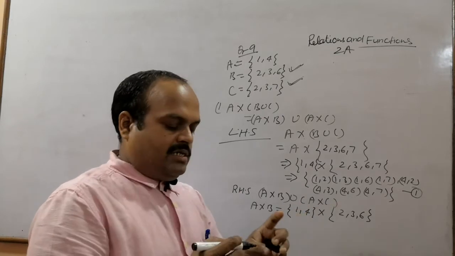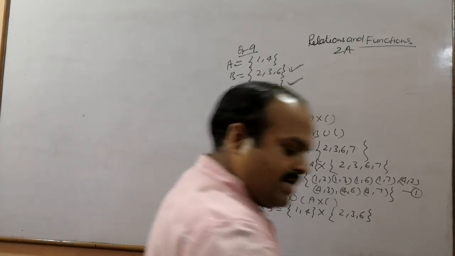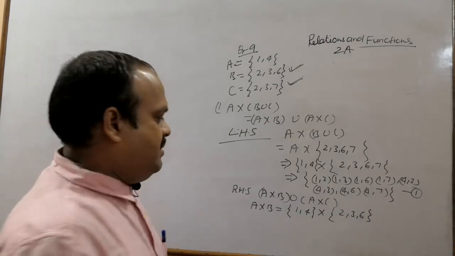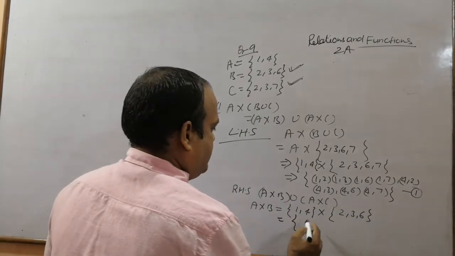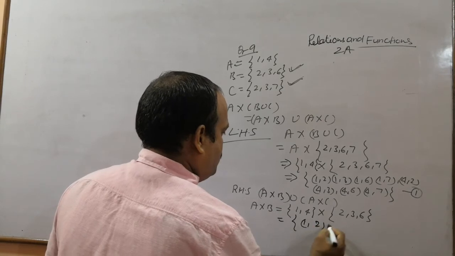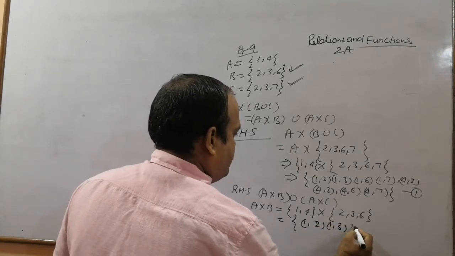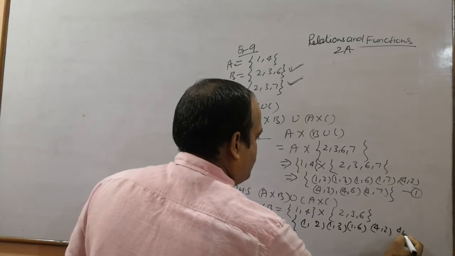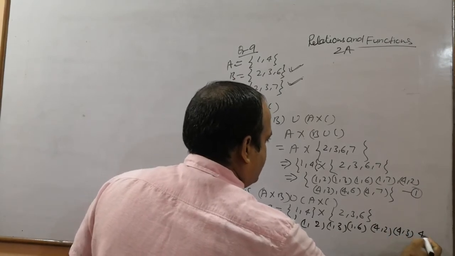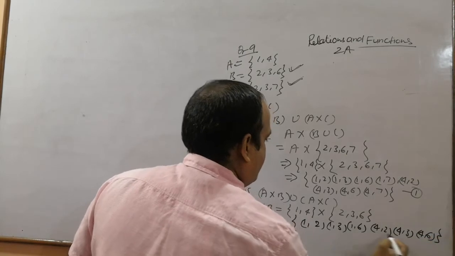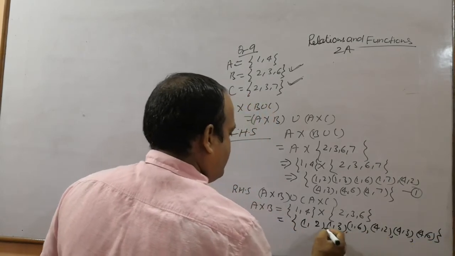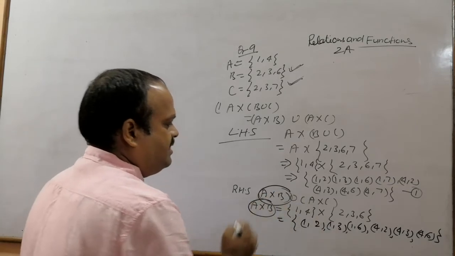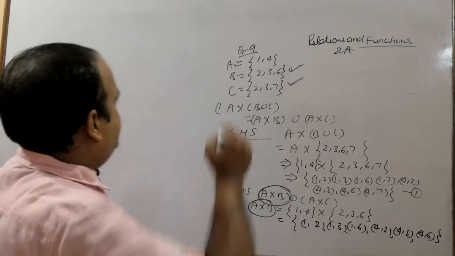When we want to get the Cartesian product, we will get 2 times 3, that is 6 elements in it: (1,2), (1,3), (1,6), (4,2), (4,3), (4,6). That we have got A cross B. Now A cross C.